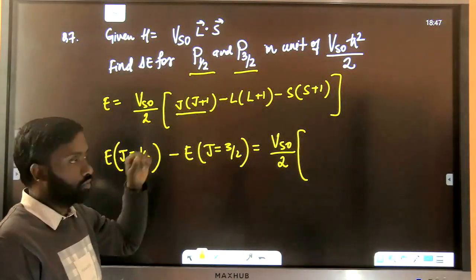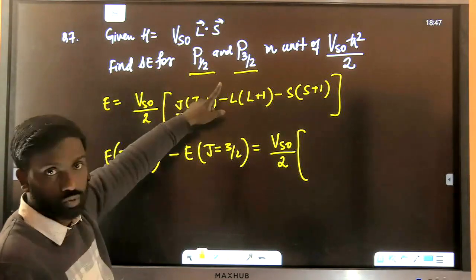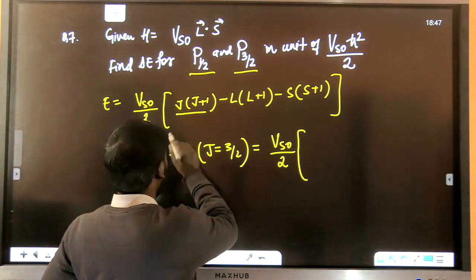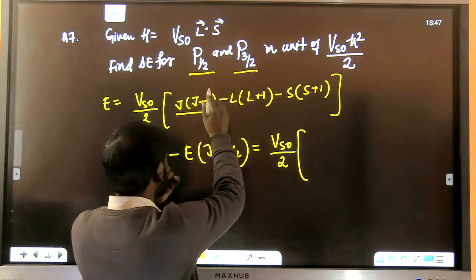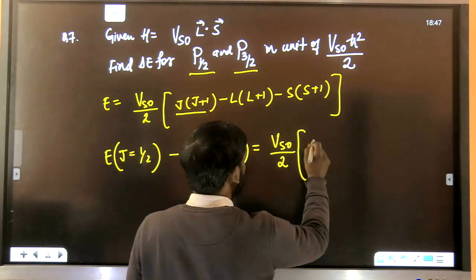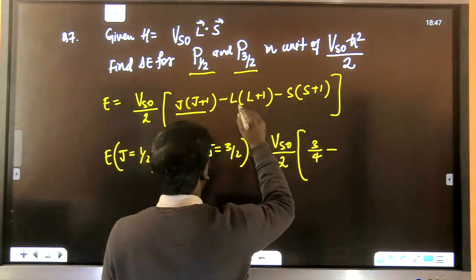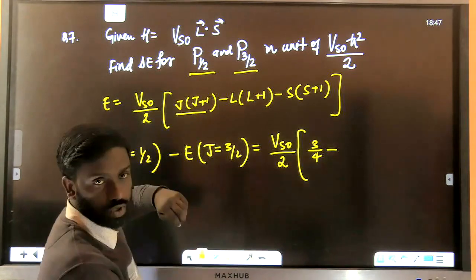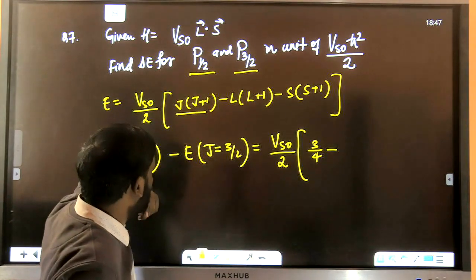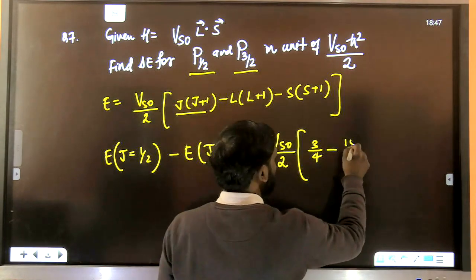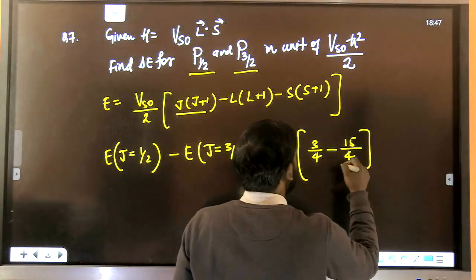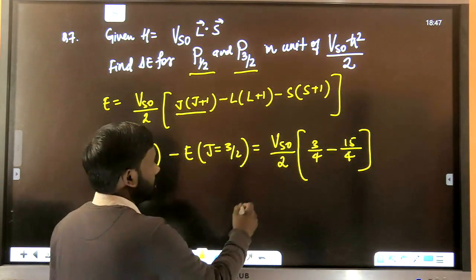You will only put the value of J here, which is different for the two states. J is 1 by 2, so if you put 1 by 2 here, you get 3 by 4, and minus when you put J equal to 3 by 2 here, you get 3 times 5, 15, so you get 15 by 4. So that's what the energy difference is.